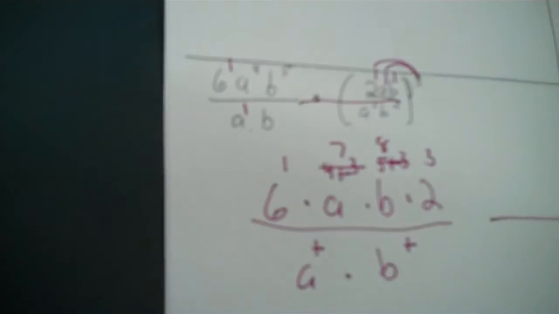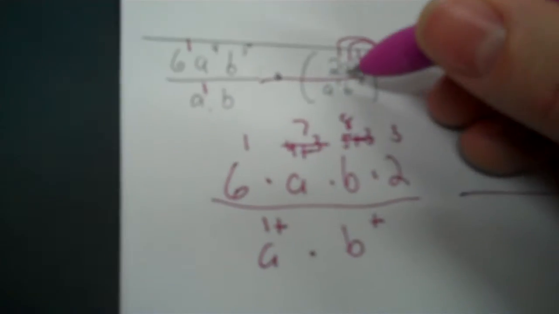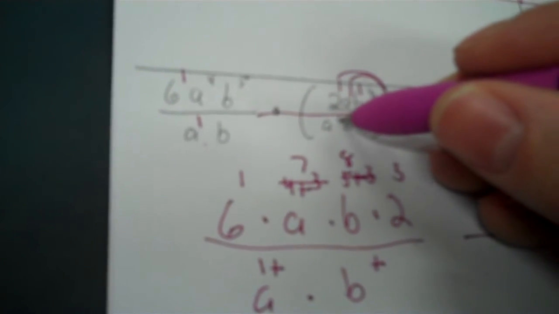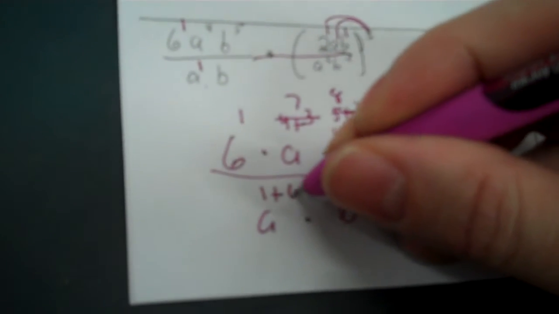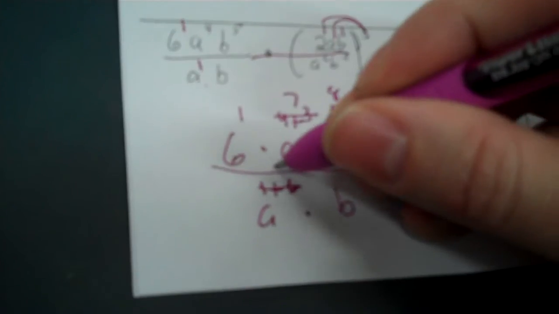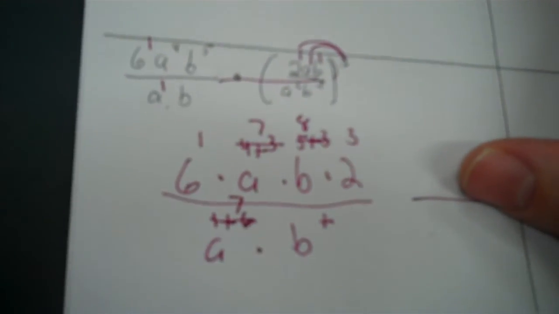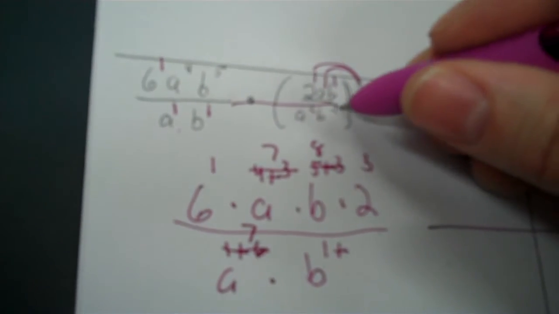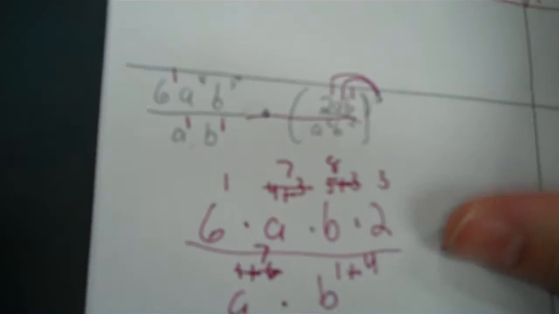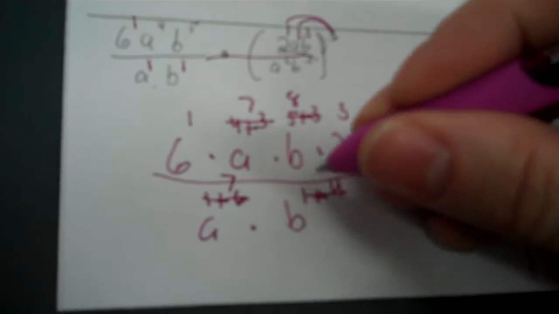So a is to the 1, okay, so it's going to be 1 plus, and then that's a 2 there, but I got to take it times 3. So 2 times 3 is 6. So 1 plus 6 is 7. Now b, we have a 1, and over here 2 times 2 is 4. So 1 plus 4 is going to be 5.